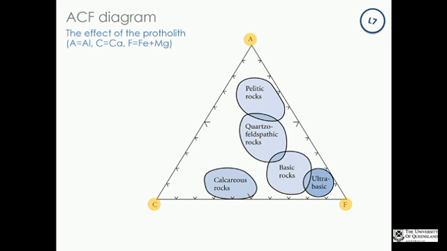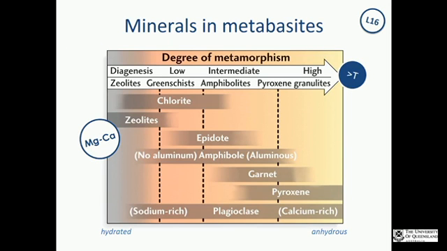The other key thing is the grade, the metamorphic grade. So as we increase grade, the most interesting groups of metamorphic rocks are metabasites and metapelites, because those are the ones that are going to be generating a range of minerals. So in metabasites, we go from hydrated to anhydrous minerals, but all of them have magnesium, iron, and calcium.